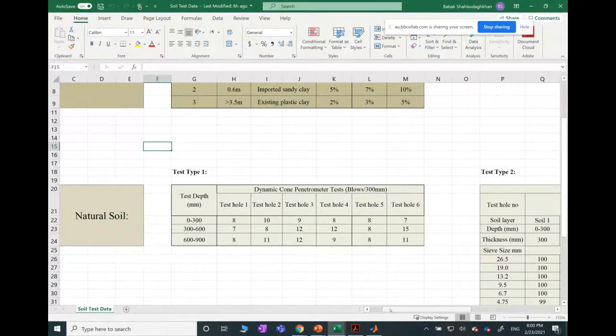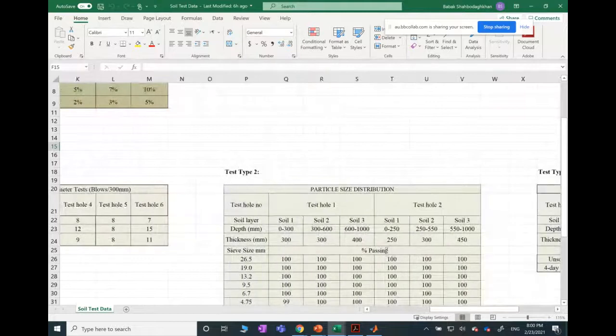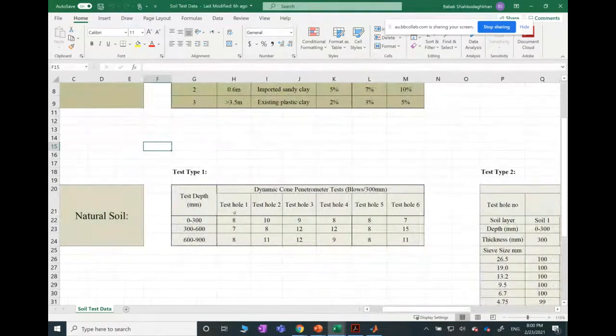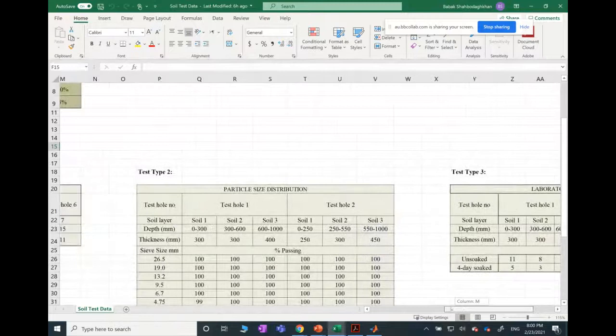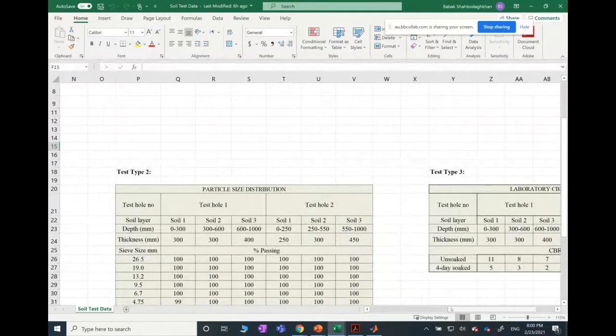So the soil we are using here for type 2 and type 3 is from borehole 1, right? When I say borehole 1, the type of the soil is the same for all of these. For all 3 types, borehole 1 has the same meaning.